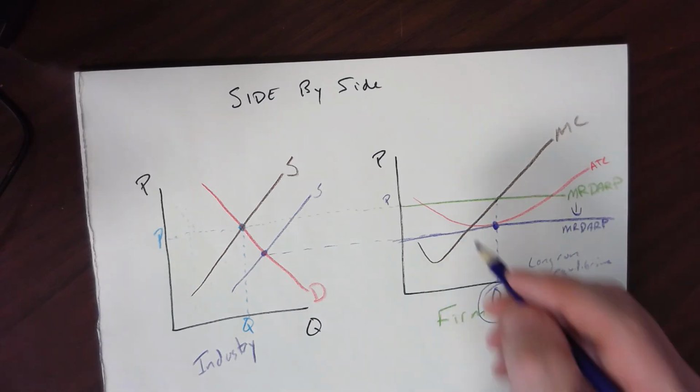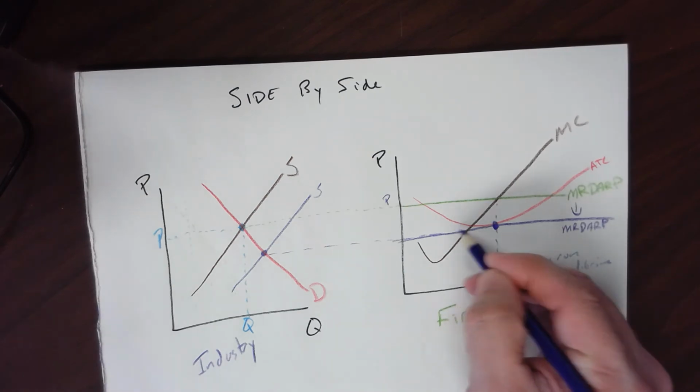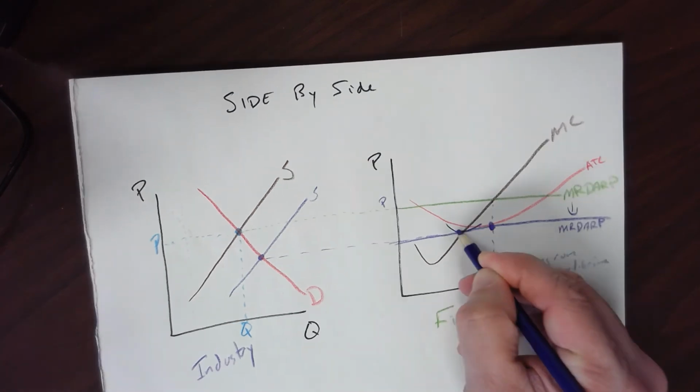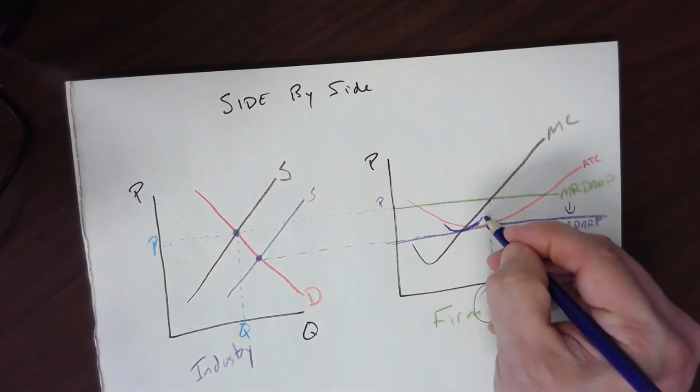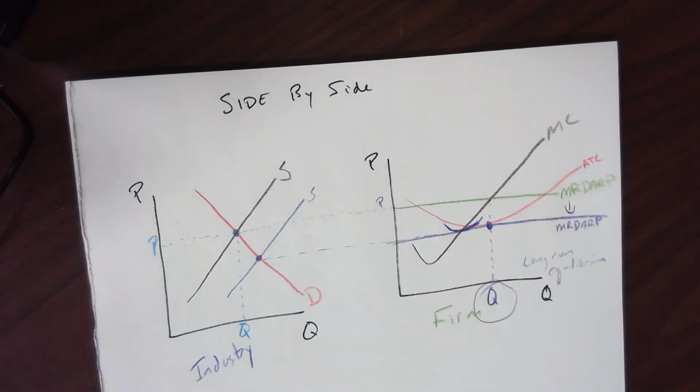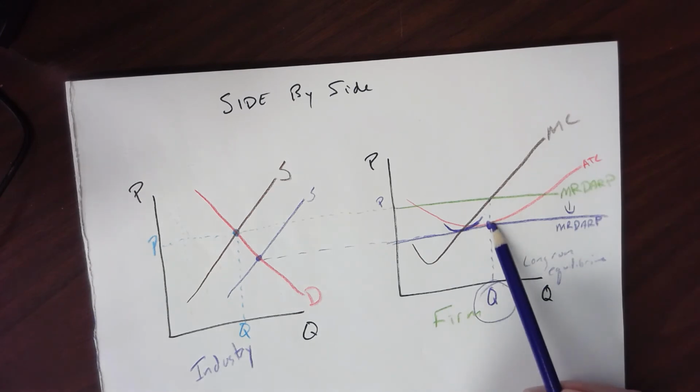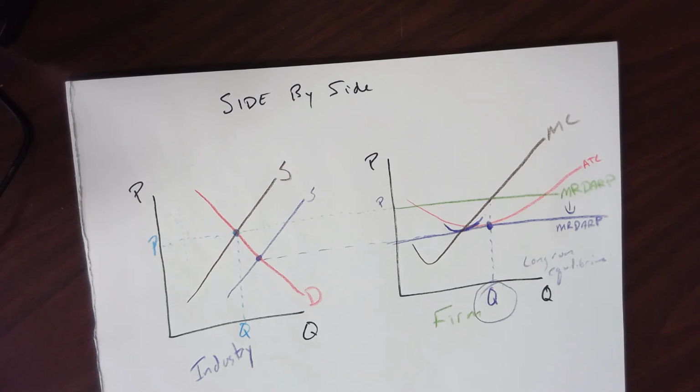All right, let me correct that. This is where it would meet. My fault for bad drawing. All right, this would be where it meets. Okay, so you'll find out where that is, and boom, you now have the side-by-side graph being drawn.